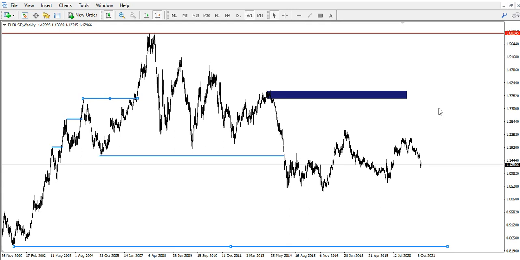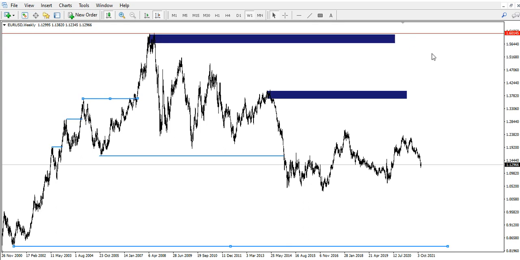I will zoom this out for you to see, so don't worry about the picture not being clear. Everything will be clear now. So we have a bearish order block somewhere here, and then we also have a bearish order block somewhere here.